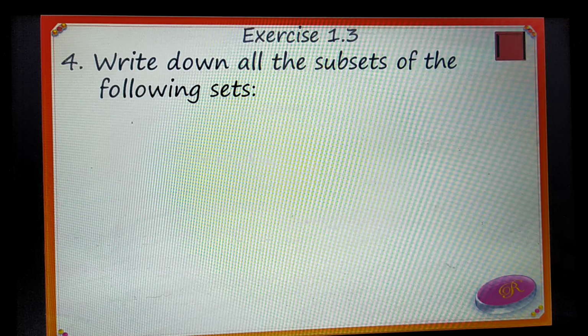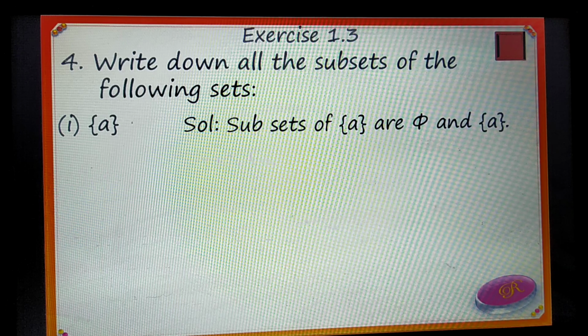Question number 4. Write down all the subsets of the following sets. First set is set with element A. Solution. Subsets of set with element A are empty set and set with element A. Second set is set with element A, B. Solution.